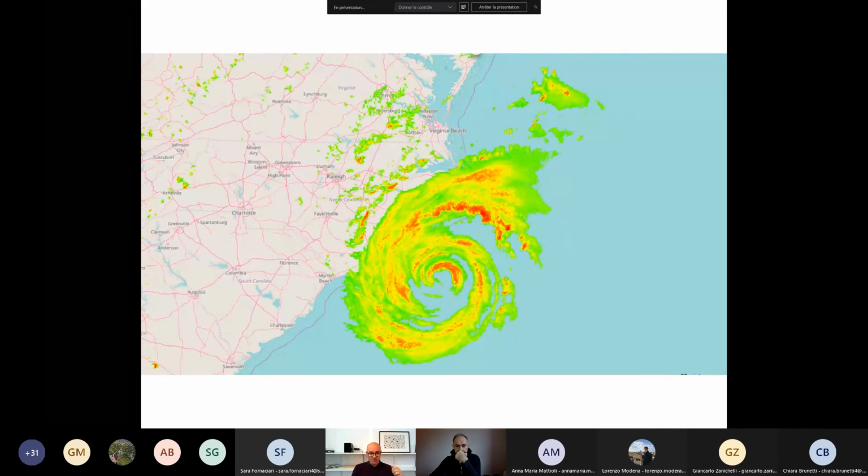For example, this is a traditional image of a weather forecast where we try to visualize a hurricane on the western coast of the US. Traditionally, you use formulas coming from physics, mainly fluid dynamics, and you apply them, thanks to computers, to weather forecasting.